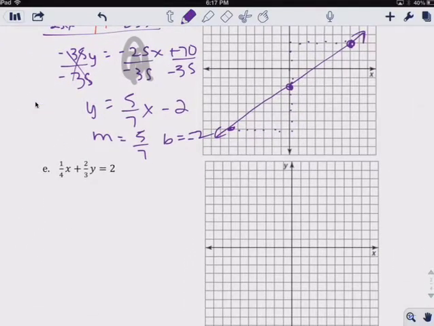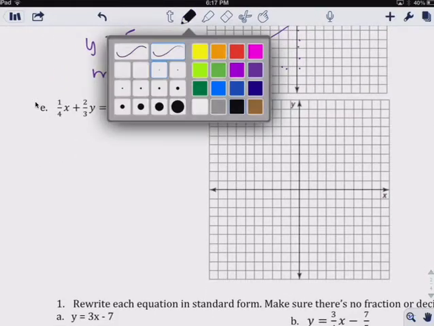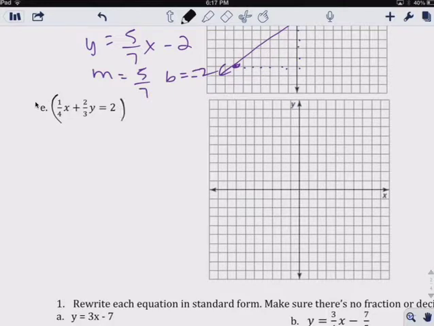Okay, we don't want to graph with fractions either. They're a pain, so let's get rid of them. Multiply all of them by the least common denominator, which is 12. Okay, times 12. Distribute the 12. 1 over 4 times 12, cross cancel.